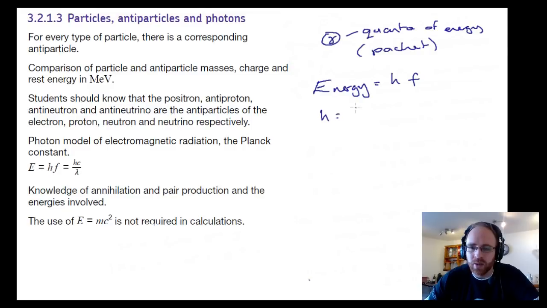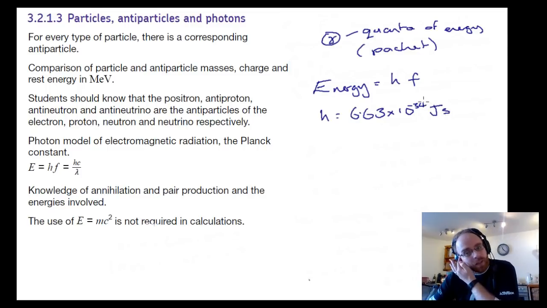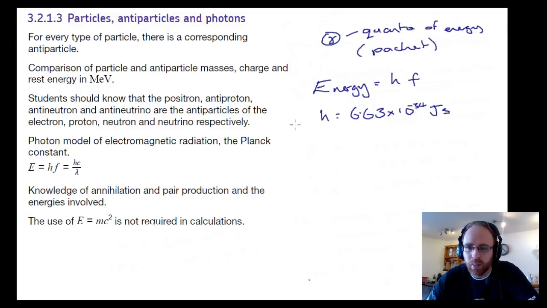H is a constant, it's in your data book, 6.63 times 10 to the power minus 34 joule seconds. If you're asked about the units for Planck's constant, then you can look it up in the data book. This will give you energy in joules. There are other values that you can use for Planck's constant for energy in electron volts and things like that, but we'll stick with it in joules. And then frequency, and f is frequency in hertz.